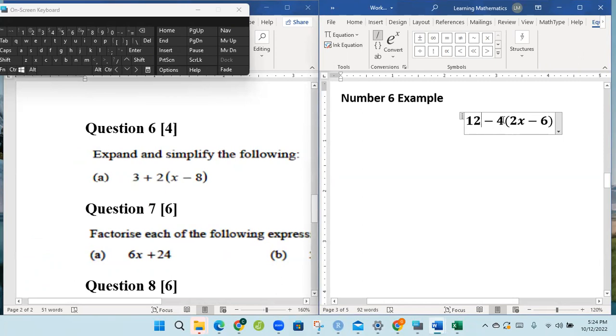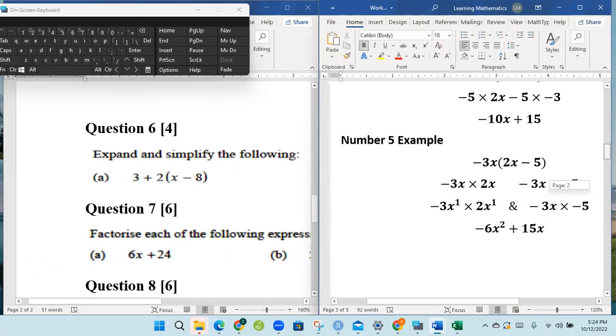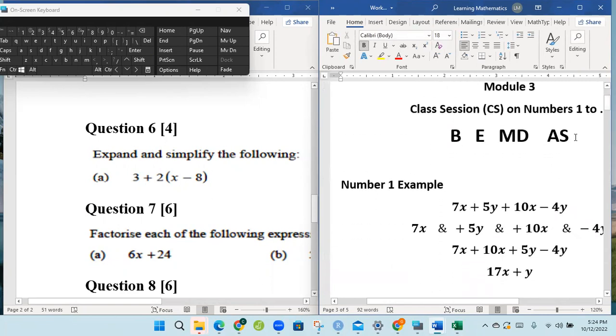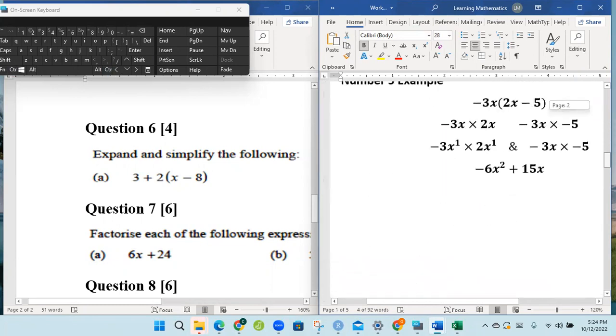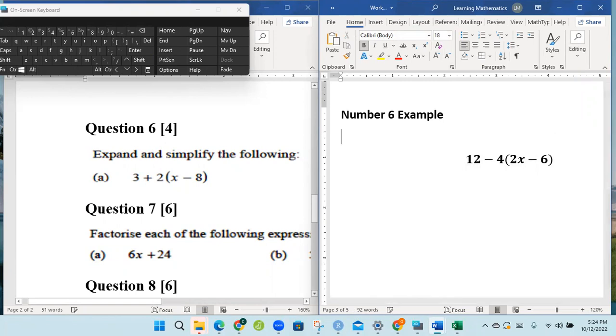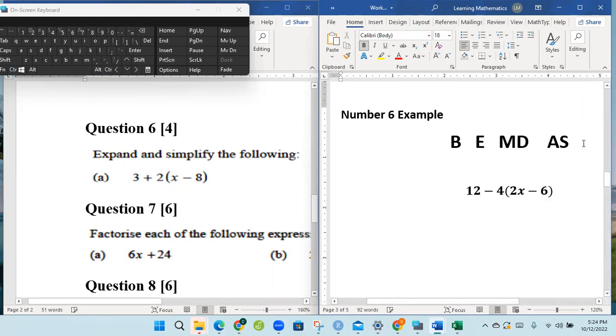Now we have to do the multiplication before subtraction. Please do not forget BEMDAS. Let us bring BEMDAS forward. And by the way, I have another acronym for BEMDAS. That is my doing. You see subtraction and sum starting with the same letter S. That's why they use A for add.